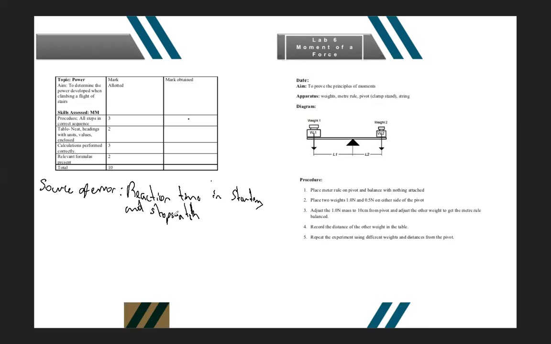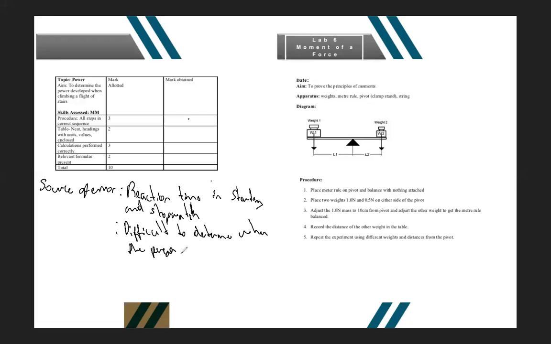Which other one could we have? So mainly starting and stopping the stopwatch. We could not determine when the person reaches the top step. It was difficult, right? Yes, sir. So it is difficult to determine when the person reaches the top step.